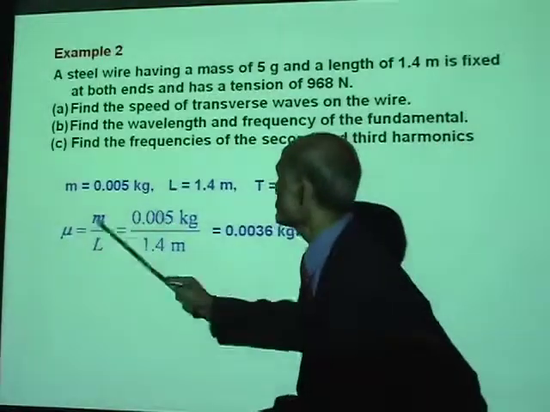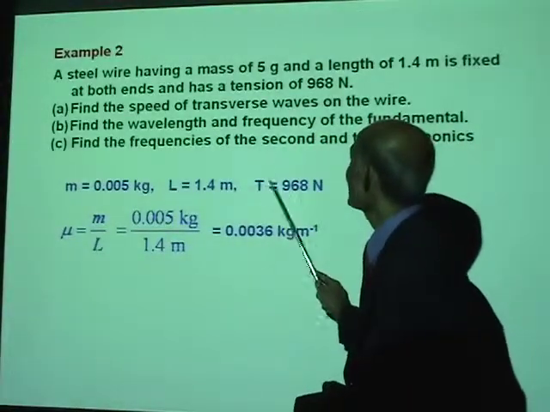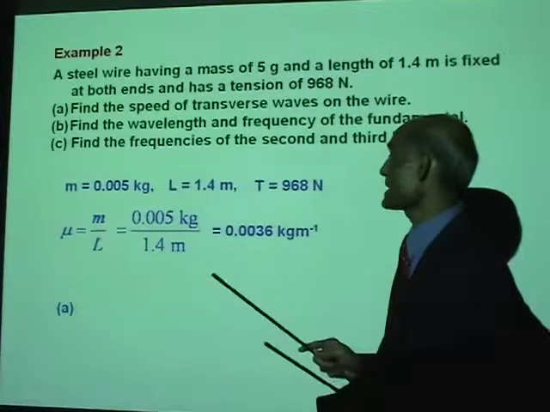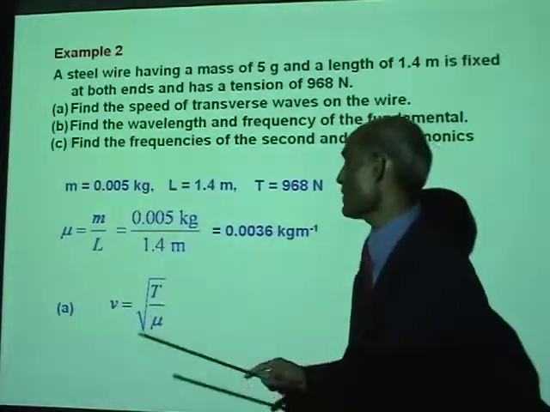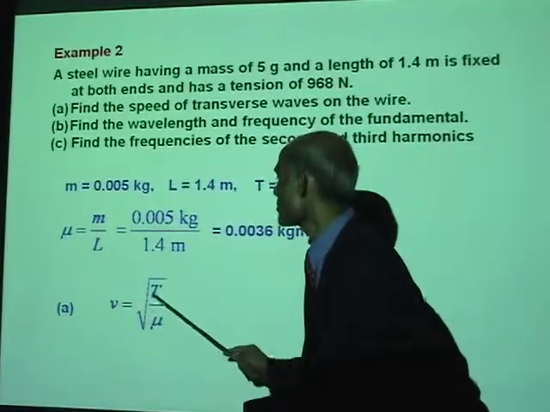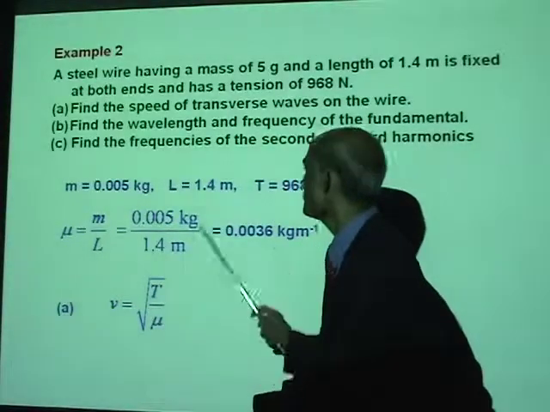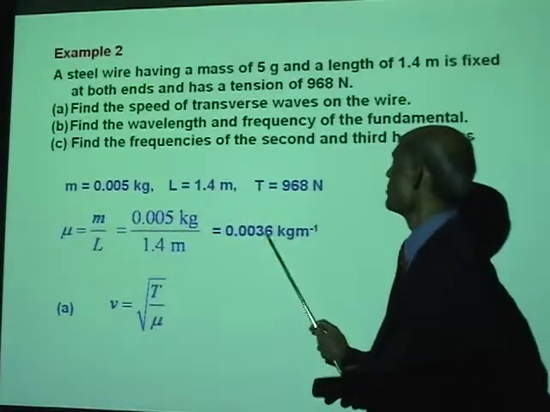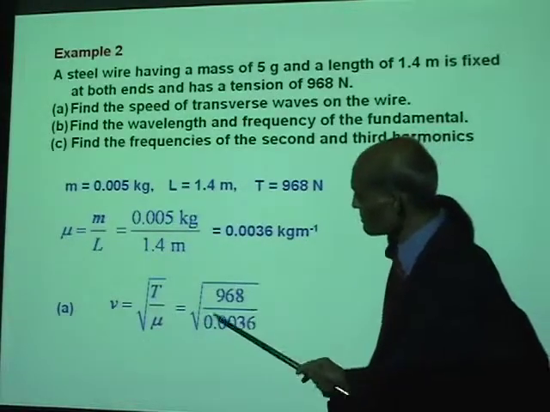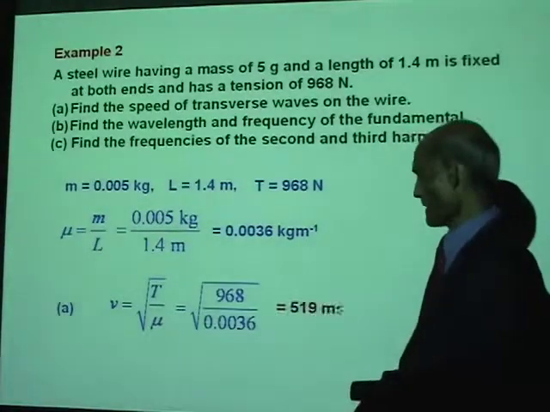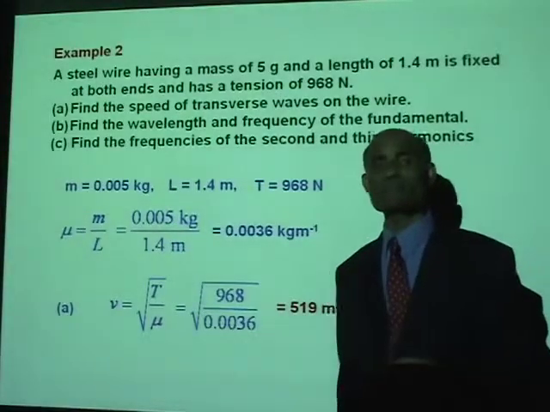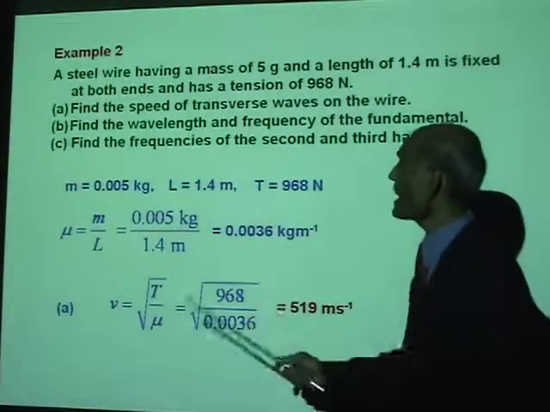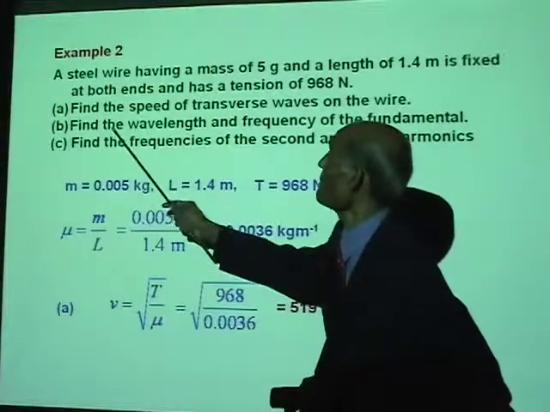Alright, we now know mu, we know the tension. Let's now calculate the velocity, or the speed, of this wave. Speed equal to square root of T over mu. T we know, mu we know, so use those values there. And that gives you 519 meters per second. Okay, so we did the first part. How about the second part?